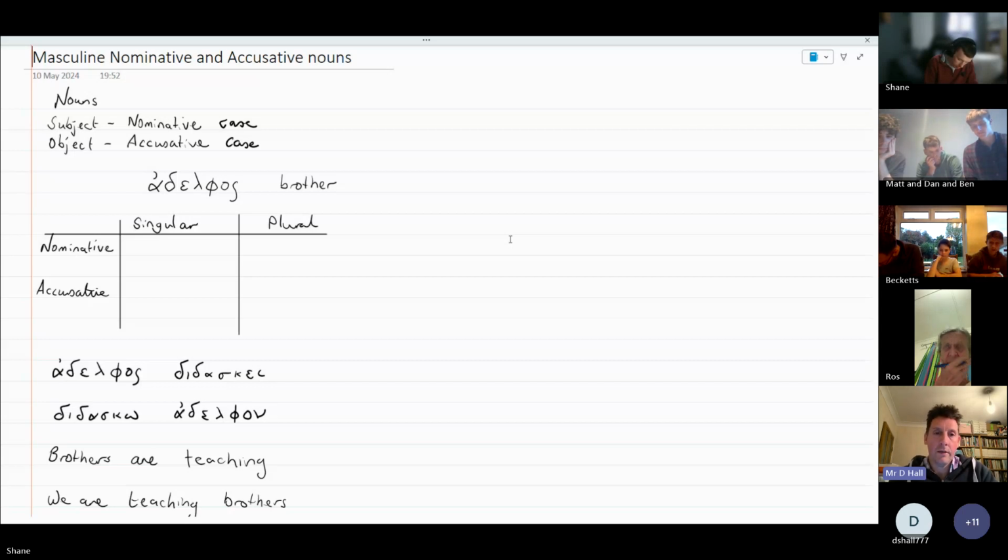Lots of other languages have different genders for words. If you've done French, German, Spanish, they all have genders. The same with Greek, we've got masculine words, and masculine words have a certain way of writing. So here's a word, brother, adelphos.